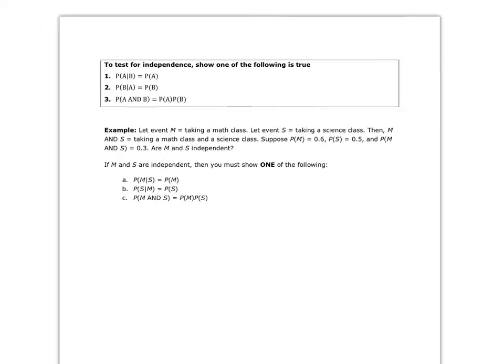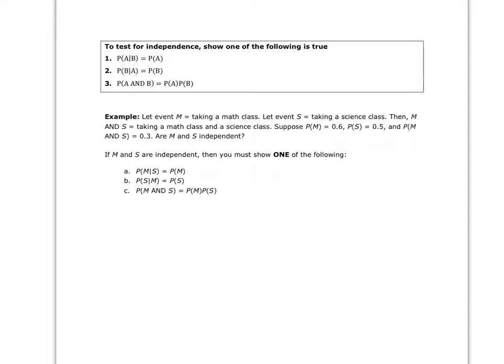If we're asked if two events are independent, how do we test for that? Well, there are three different ways.